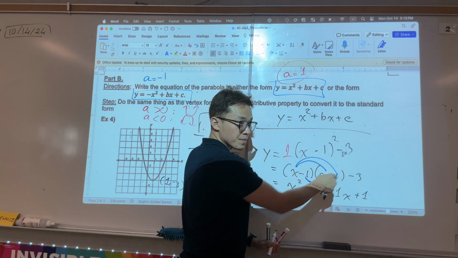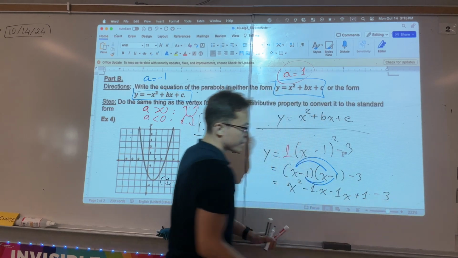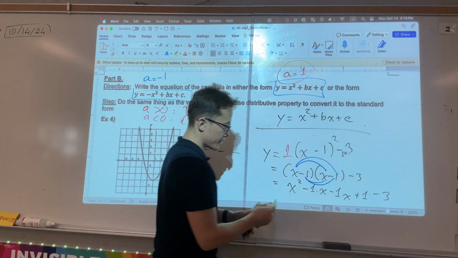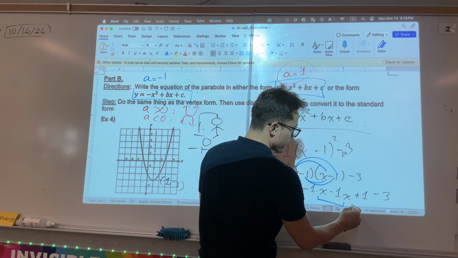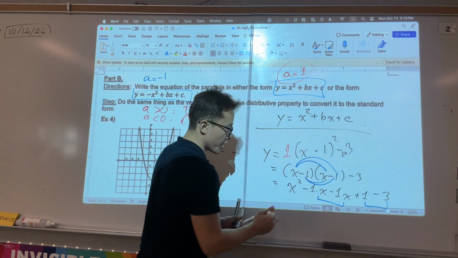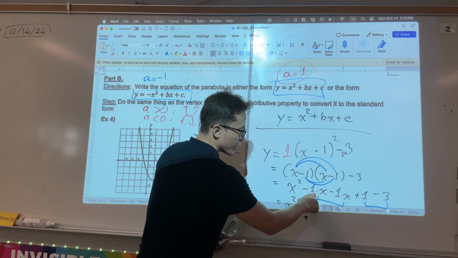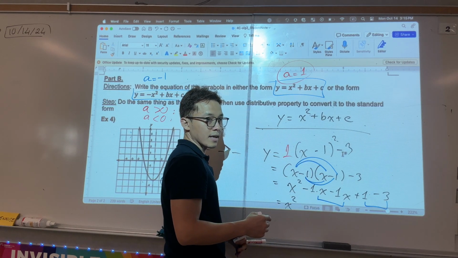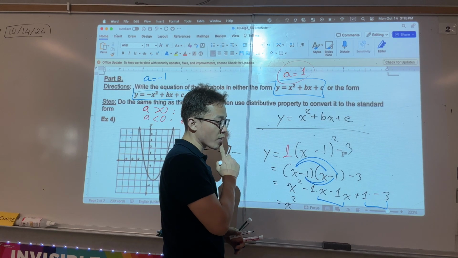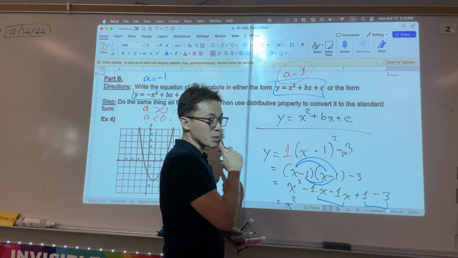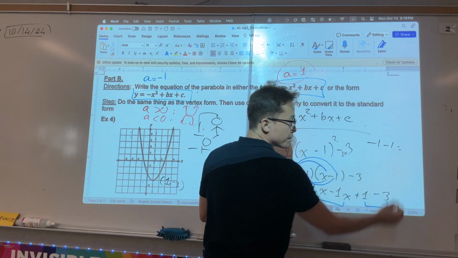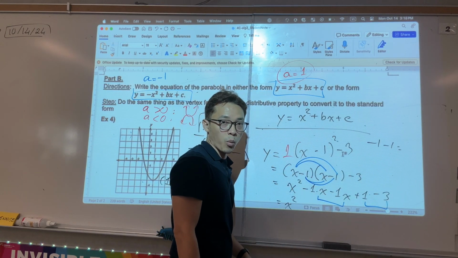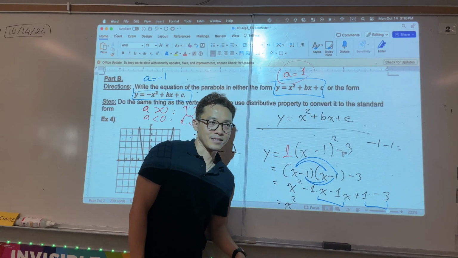You're still missing the negative 3. Now can you combine like terms? Which ones are you going to combine? Negative 1x and negative 1x, right? So x squared. What is negative 1x minus 1x? Negative and negative becoming positive only works for multiplication or division. Negative 2x. What is negative 1 minus 3? Negative 4?